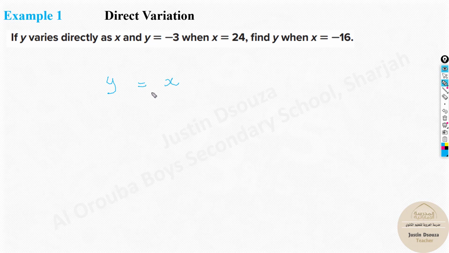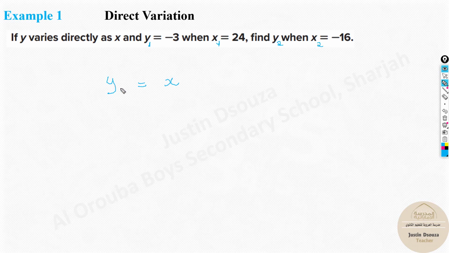Now this is not the final form, but I'm going to write the entire formula in a bit. y is varying directly, and there are two quantities given. The first one: y is minus 3 when x is 24. So if I take this as y1, then this will be x1, and we need to find y2 when x2 is minus 16. These are both second values.